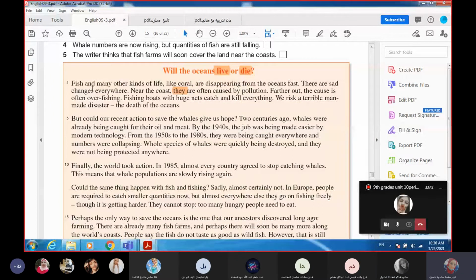This is a passive voice. These changes are caused by what? What's the cause of these changes? Pollution. Let's see pollution. Continue, Sally. Further out, the causes made disaster. The causes often overfishing. Fishing boats with huge nets catch and kill everything. We risk a terrible man-made disaster, the death of the ocean.